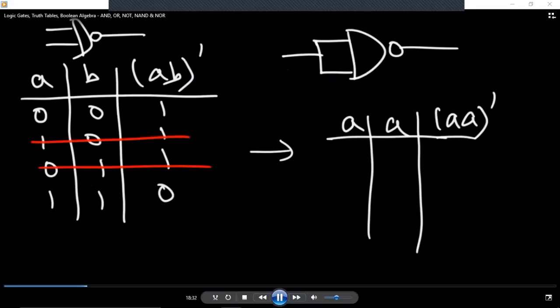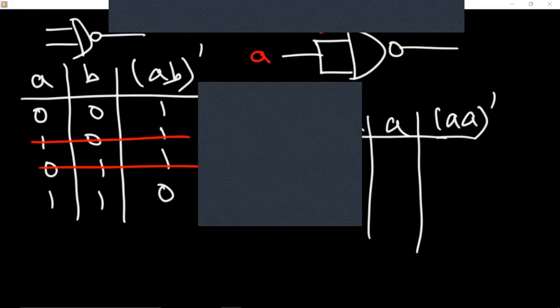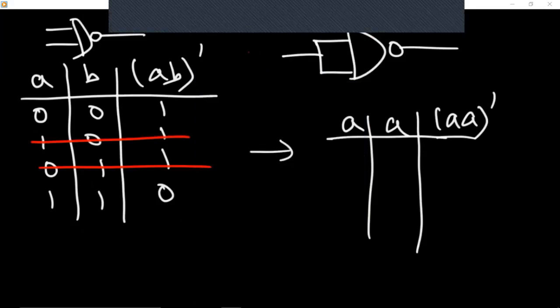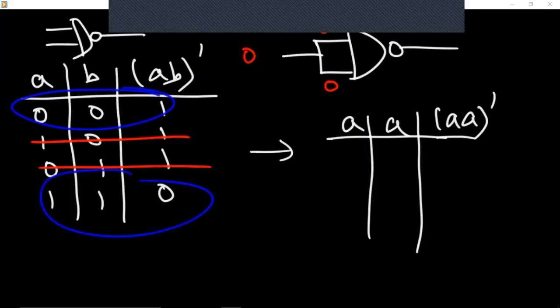Because let's say if this is A, this has to be A as well. So meaning, let's say if we have a 1, we can't have a 1 and a 0. That's not possible. It's either, if this is going to be a 1, both of these inputs will be a 1. Or if we have a 0 here, both inputs will be a 0. So these are the only two possibilities.